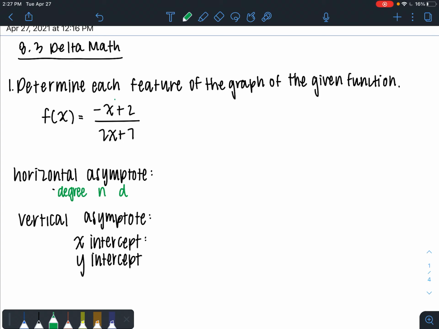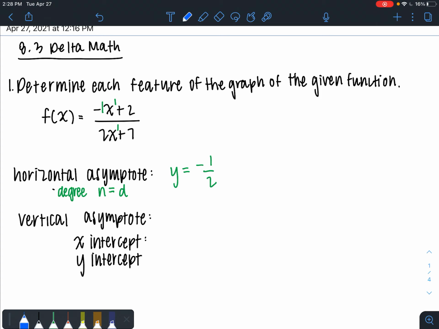The degree of my numerator is 1, and the degree of my denominator is also 1. Since those two are equal, it's just the ratio of the coefficients. So -1 over 2. So y equals -1/2 is the horizontal asymptote.